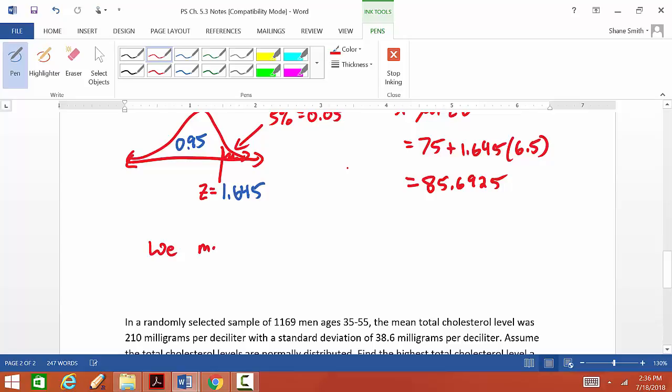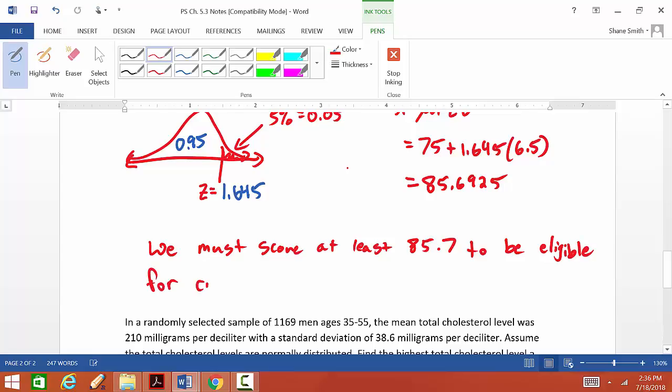So we must score at least 85.7 points to be eligible for civil service employment. There you go. Pretty simple, huh?